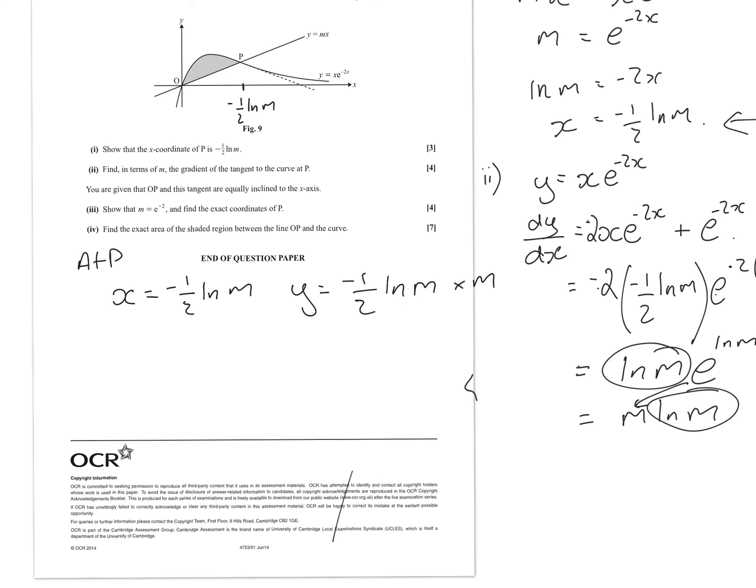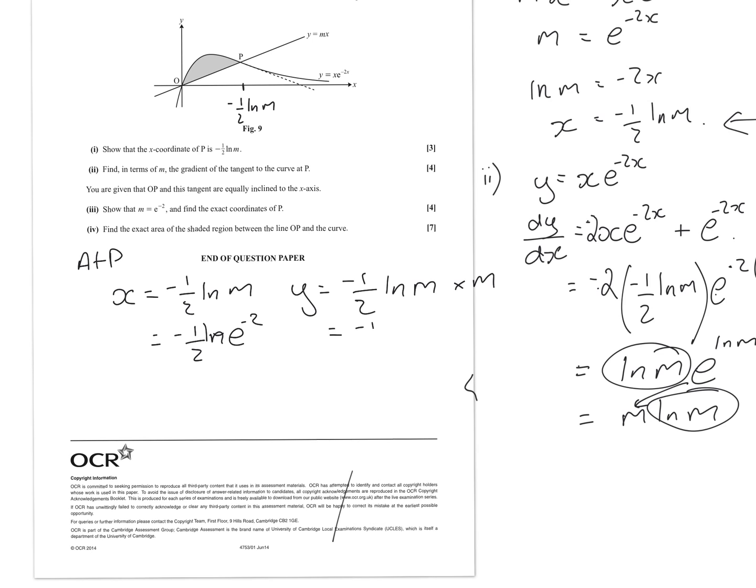Before I can know what m is, I've got to prove m is e to the minus 2. So assuming that m is e to the minus 2, the x coordinate is minus a half ln e to the minus 2, which is minus a half times minus 2, which gives 1.